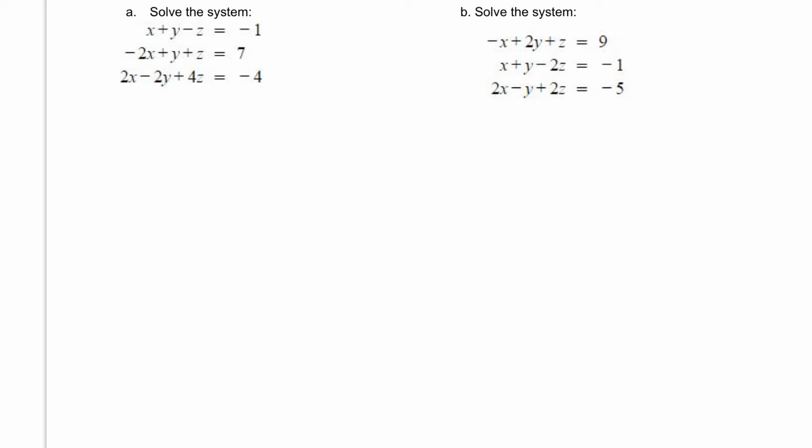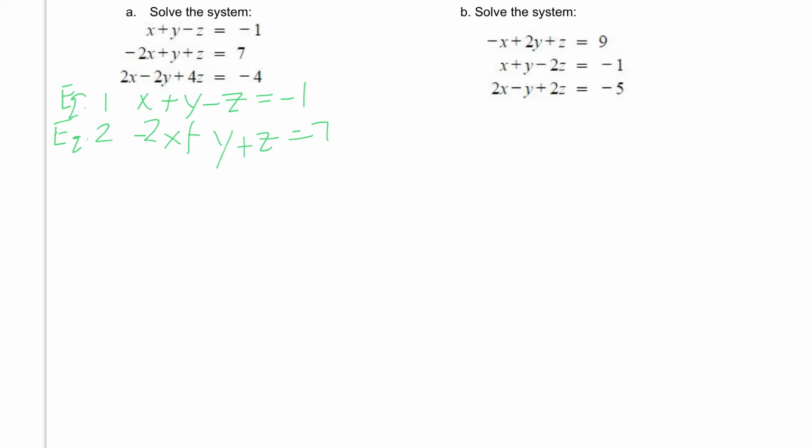So I'm going to choose equation 1, which is x plus y minus z equal to negative 1. And I'm going to choose equation 2, which is negative 2x plus y plus z equal to 7.